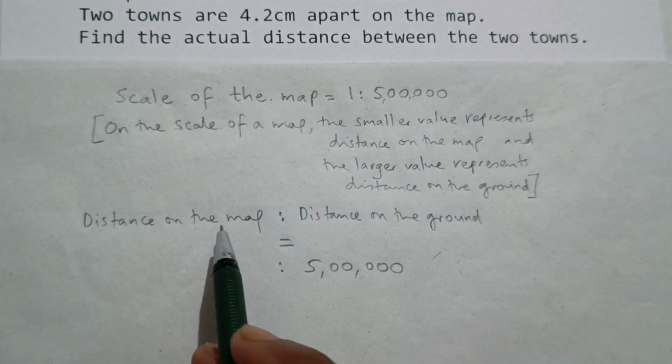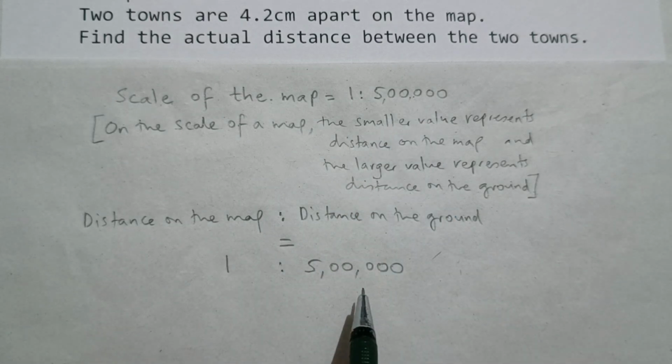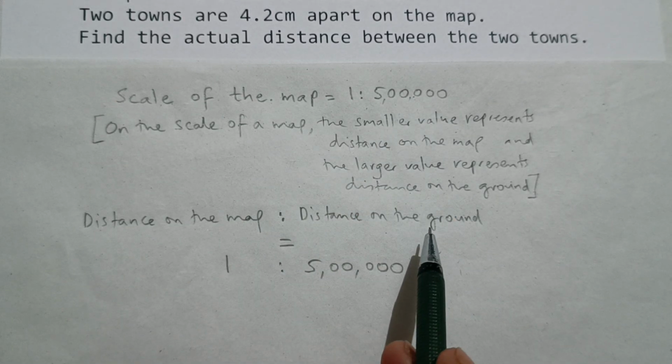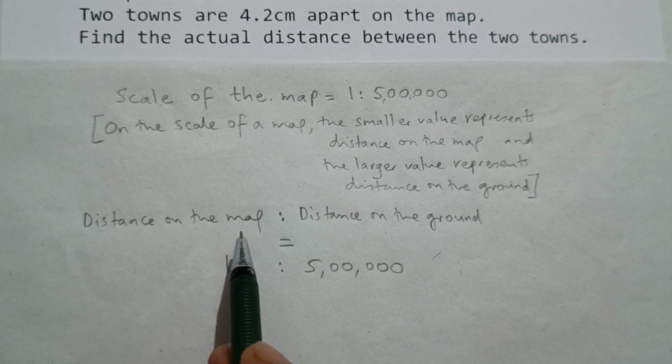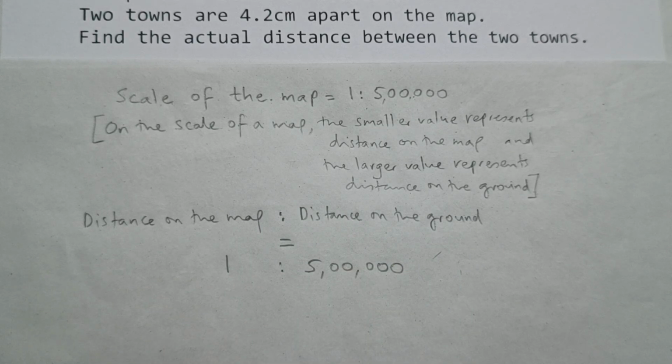This represents the distance on the map and this represents the distance on the ground. So the ratio of distance on the map and distance on the ground is 1:5 lakh.